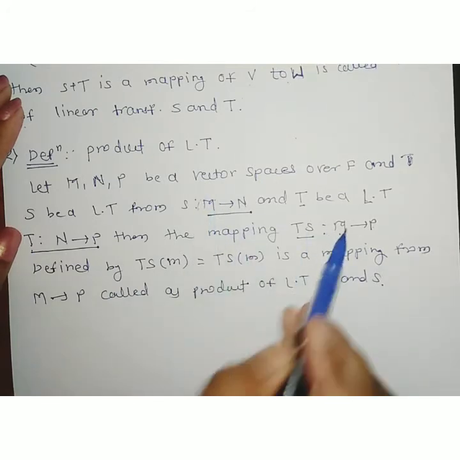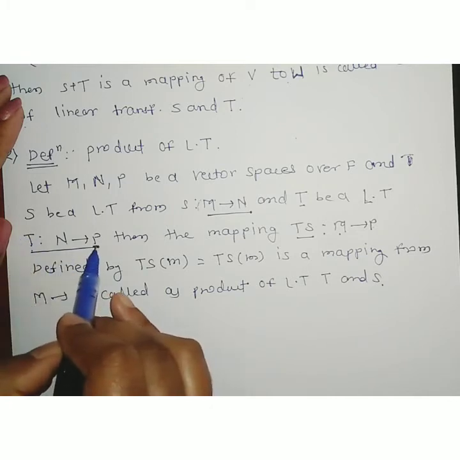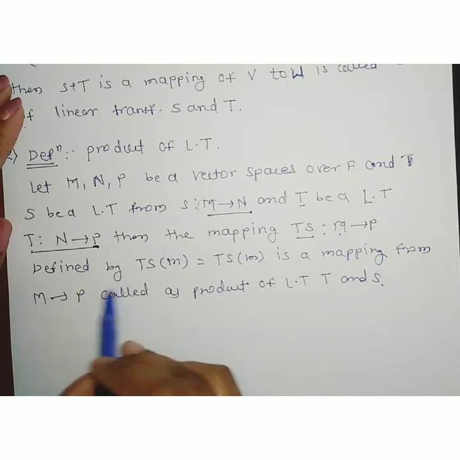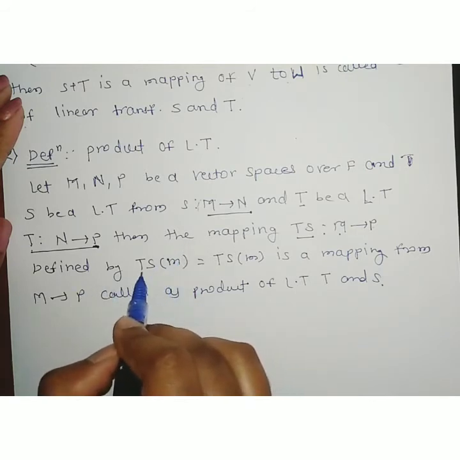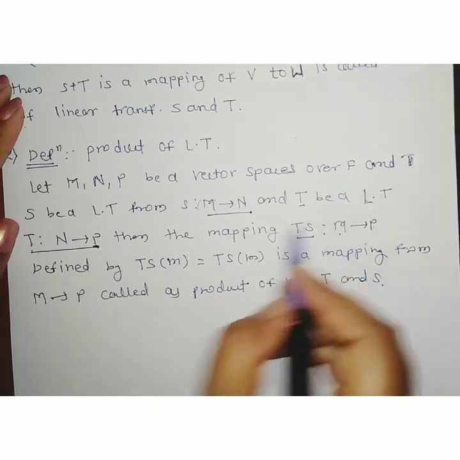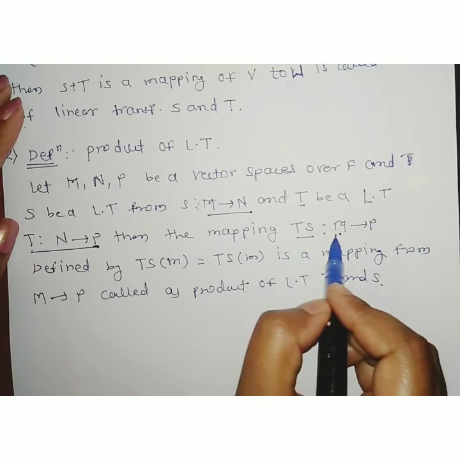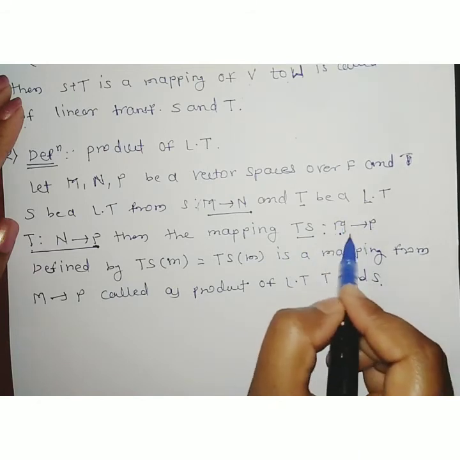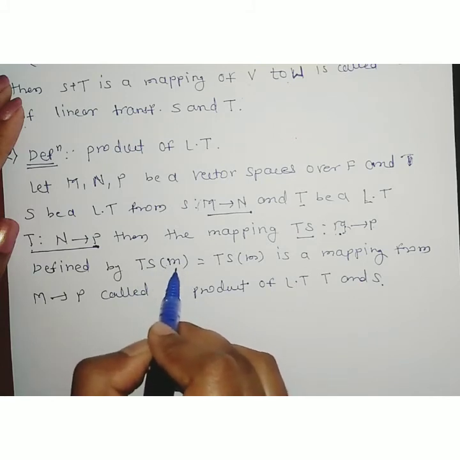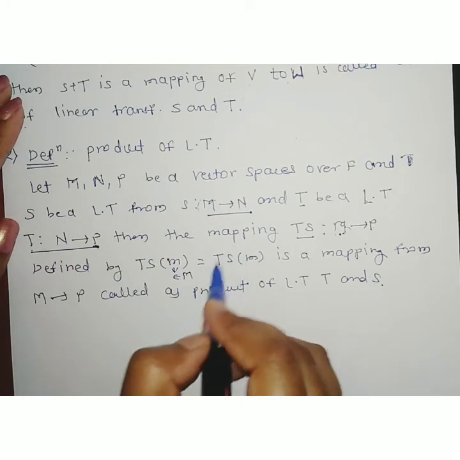The domain of S is M, and the codomain of T is P. Therefore, TS is a map from M to P, which is defined by TS operating on m, where small m is an element of M, since the domain is M.